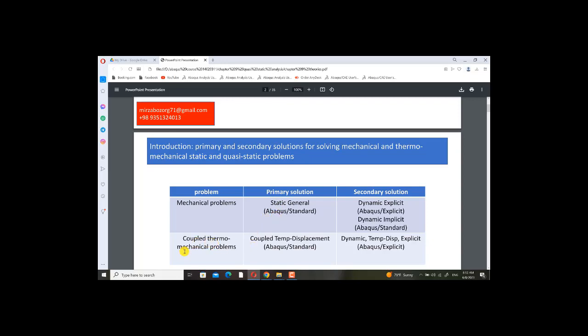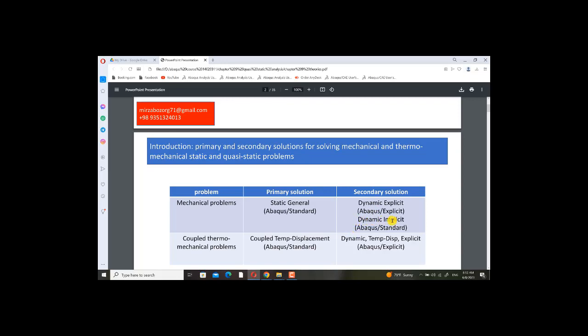And for coupled thermomechanical problems, the primary solution is the coupled temp-displacement step, and also its solver is Abaqus standard. And the secondary solution for mechanical problems are dynamic explicit and dynamic implicit steps. The solver of dynamic explicit is Abaqus explicit, and the solver of dynamic implicit is Abaqus standard.